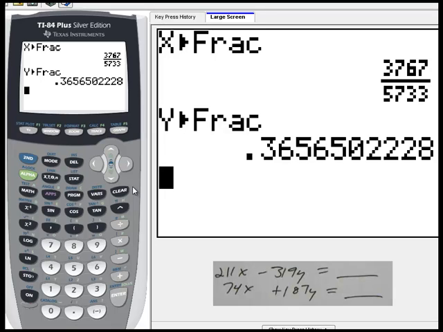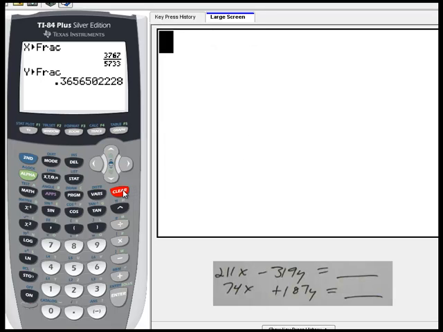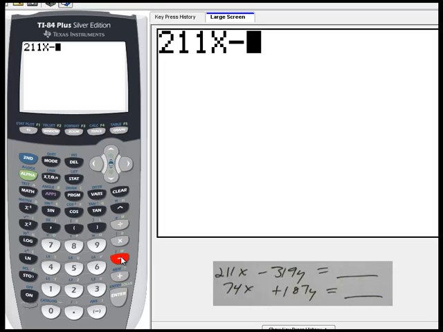Alright, here at the calculator, we probably could clear the home screen and take the left-hand side of the first equation. That's 211x minus 319 alpha y. Let's see what this gives. 22.